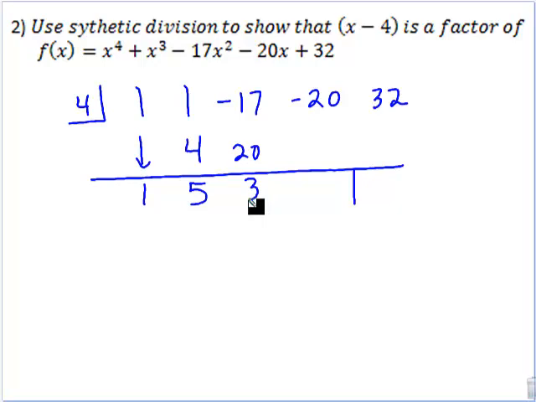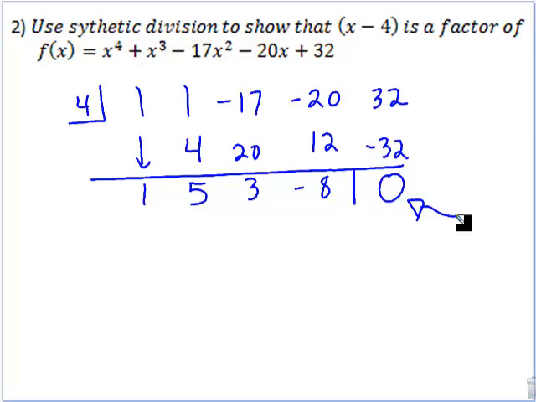Multiply 3 times 4. 12. Negative 20 plus 12. Negative 8. Negative 8 times 4. Negative 32. We add to get 0. So that right there is showing that it's a factor. Because we got a 0 here, we showed that 4 is indeed a solution to this equation.